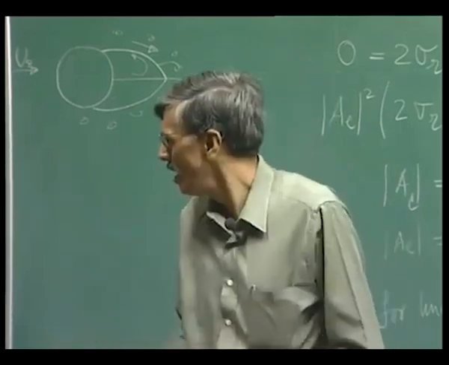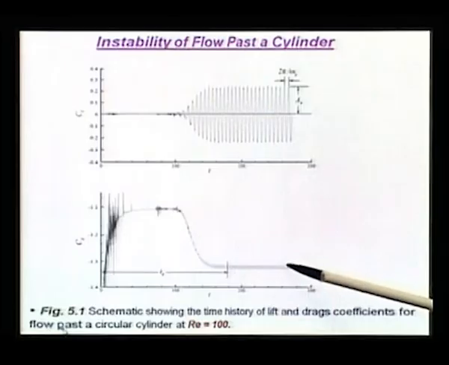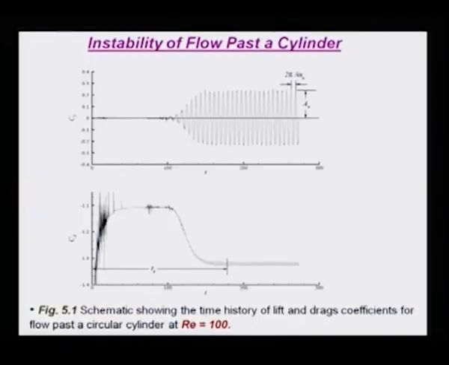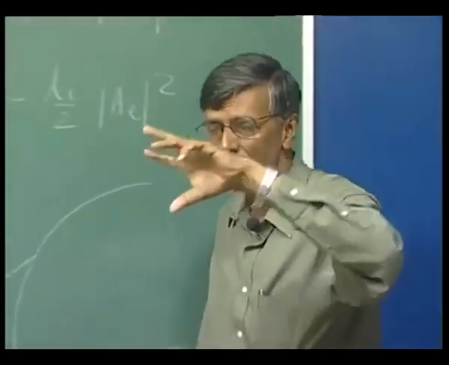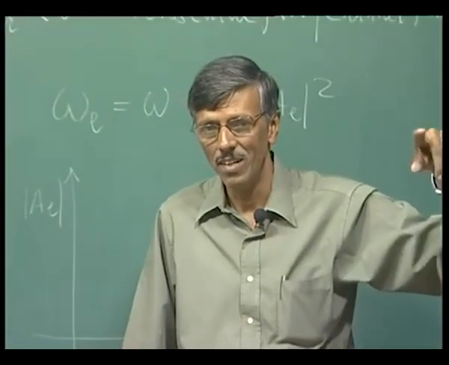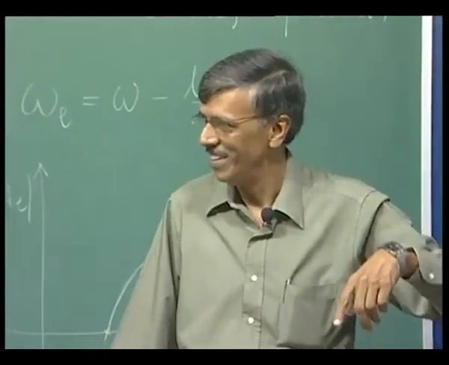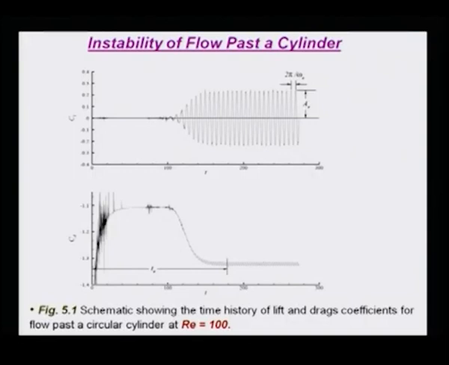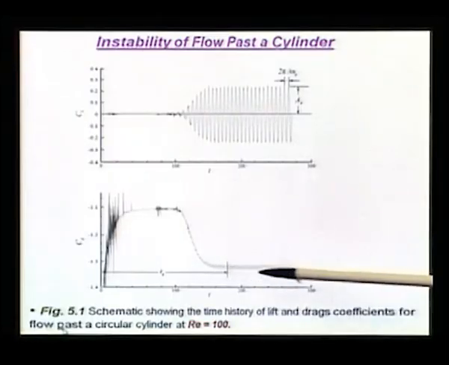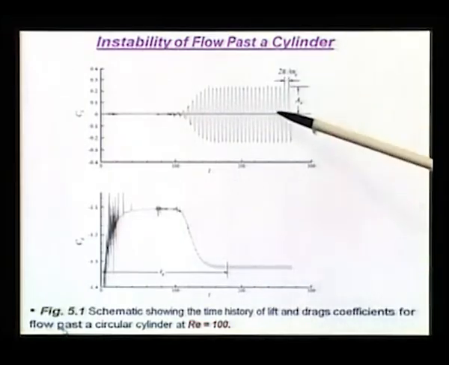So, the drag variation frequency will be twice the frequency that you see in lift. Why would you see that? Because the full cycle gives you one Karman vortex shedding, but in that full cycle the drag also varies about its mean, and that is why this frequency is twice this frequency.